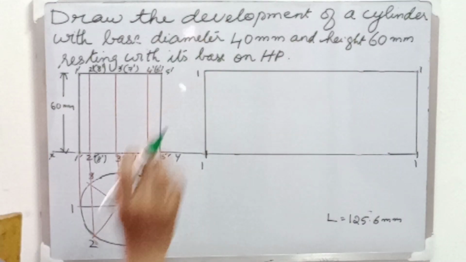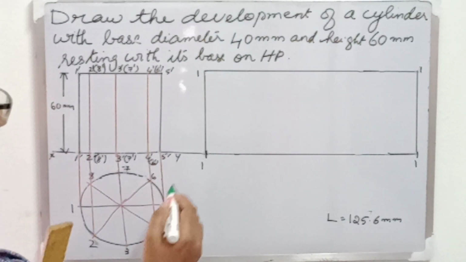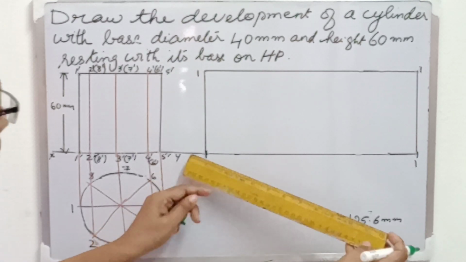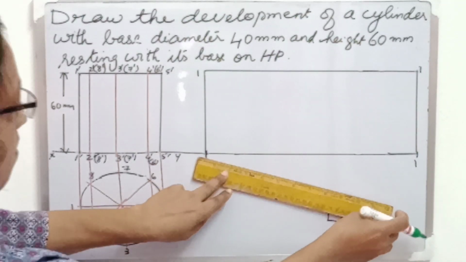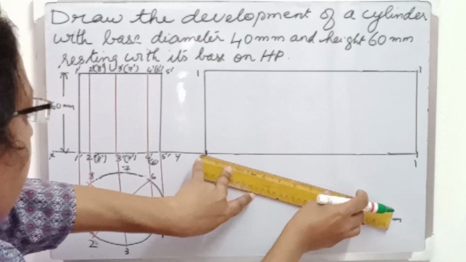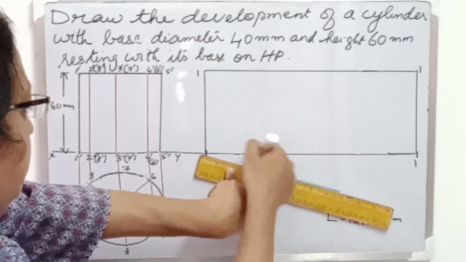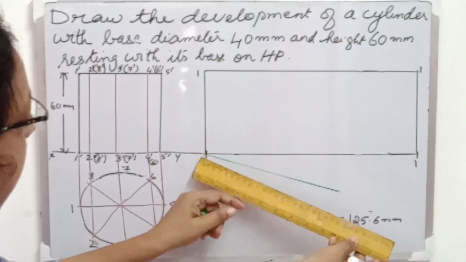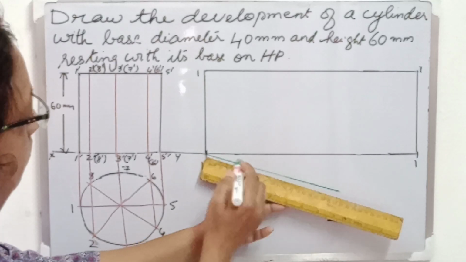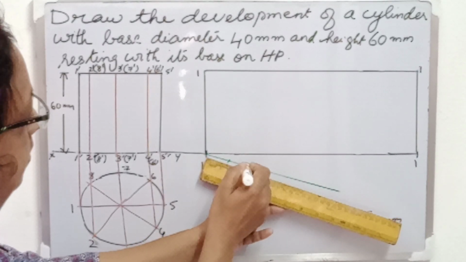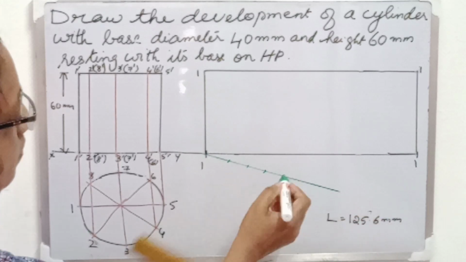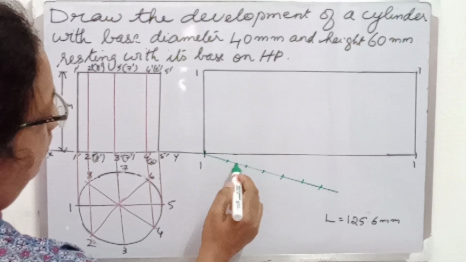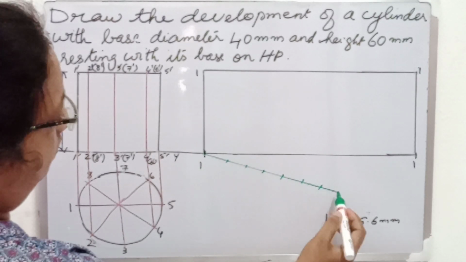So what we have to do is we need to make use of a diagonal scale. In order to draw that scale, let us draw a line at any angle. I'm drawing a line at some angle and the length of the line is 80 mm because we have to divide this line into 8 equal divisions. So now I'm dividing my 80 mm inclined line into 8 equal parts of 10 mm.